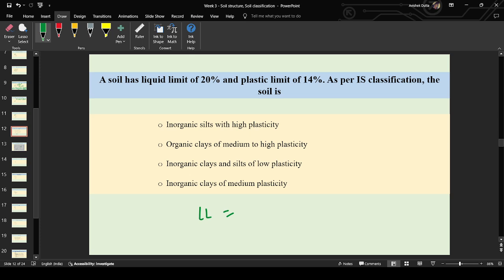Yes, correct answer, I believe. I'll just solve it. Liquid limit 20%, plastic limit 14%. So plasticity index is liquid limit minus plastic limit, isn't it? 6%. Now 20% liquid limit, 6% plasticity index.